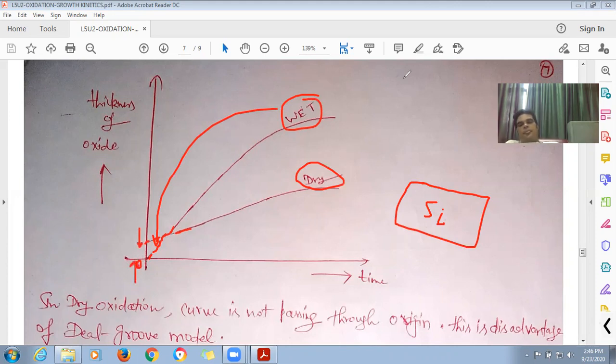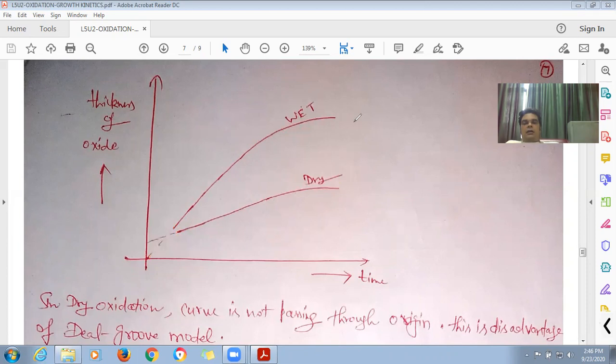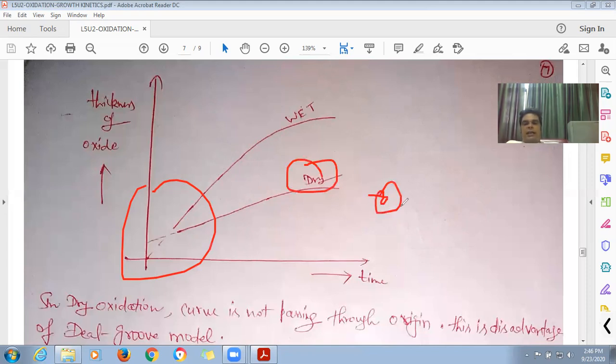Here is the point where the Deal and Grove model could not explain, and the Deal and Grove model failed here. So what is the reason behind this? The reason is that at the initial amount of time, the growth rate is very high.